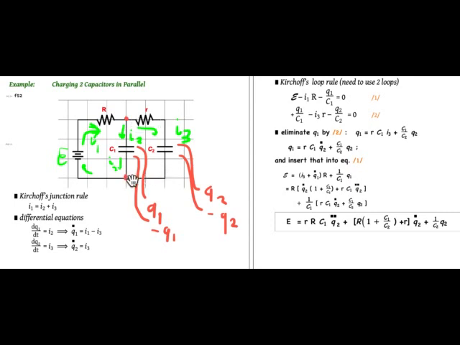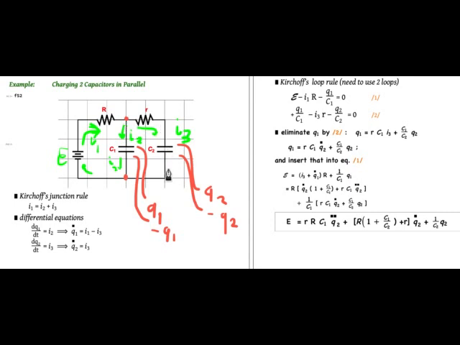So first of all, there's the change of potential across the capacitor. That will be Q1 over C1 positive because I'm calculating the change. So this is the high potential side minus the low potential side. The difference will be positive. So I'll have Q1 over C1. And then I have minus I2R.